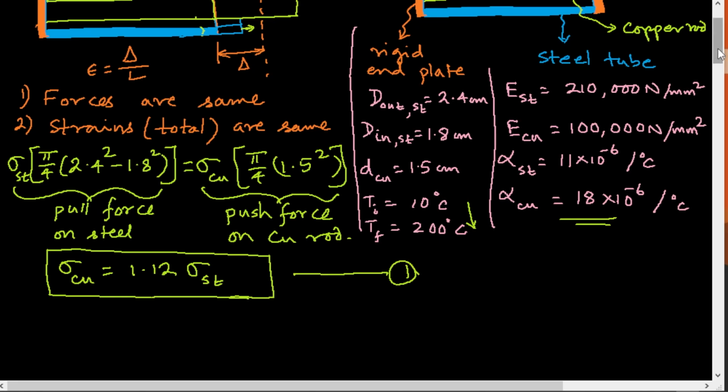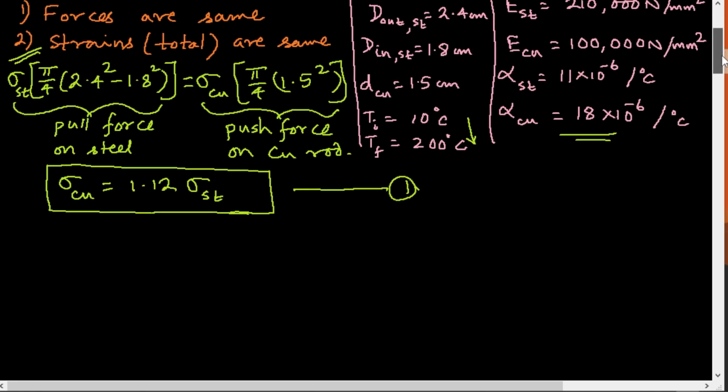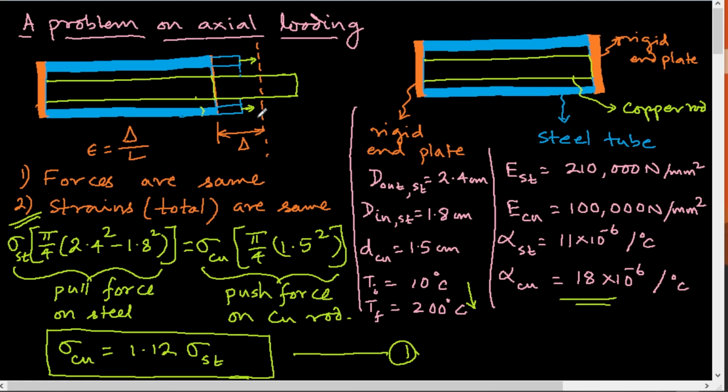Fine. Then let's do the equality of strain. We'll write the equation for that. Now that contains two parts. First is the thermal strain of copper, and see this thermal strain would have come up to this point.